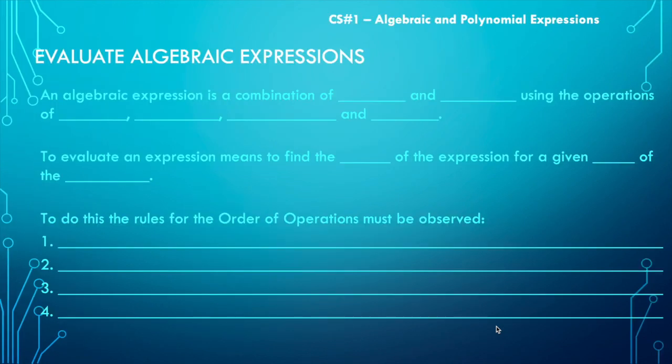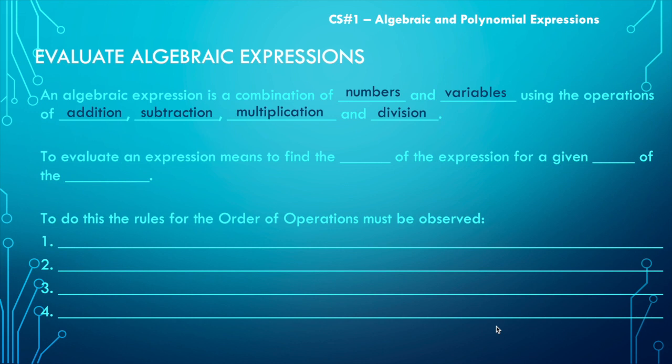So, if we're talking about algebraic expressions, I guess it would be helpful for us to know what one of those is. So, an algebraic expression is a combination of a couple of things. We've got some numbers and we've got some variables, and they are combined using 4 operations: addition, subtraction, multiplication, and division.